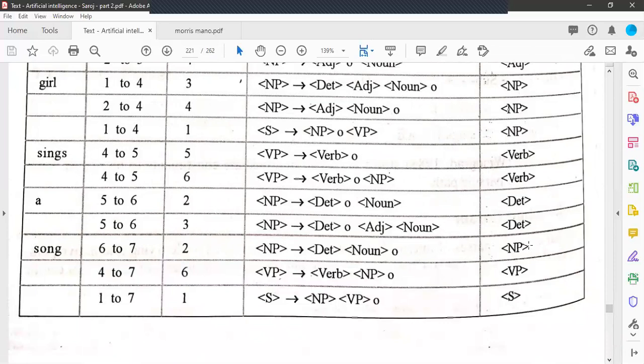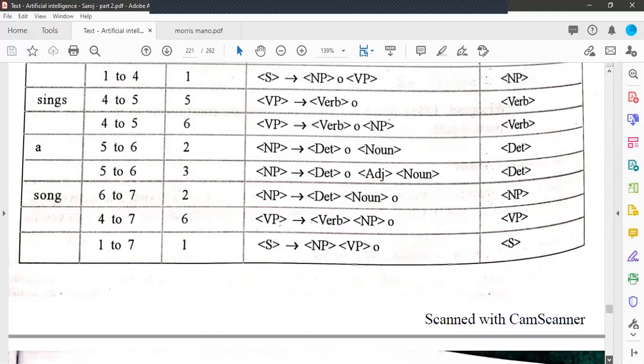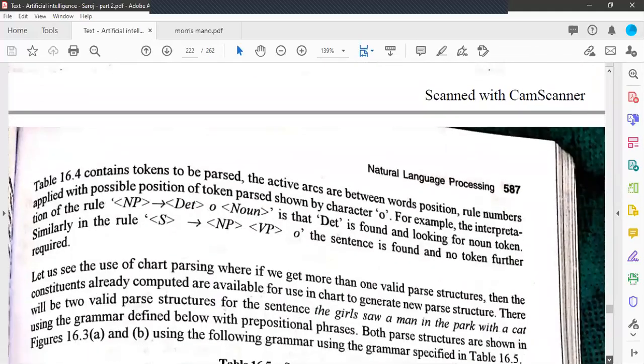Here noun phrase. And this one is verb phrase. And if you just go up, you find that sentence actually encompasses noun phrase and verb phrase. Thus, we obtain the sentence here at the end of this chart. This is chart parser.